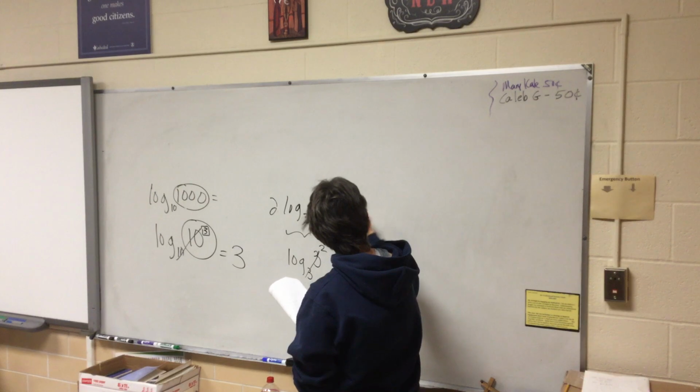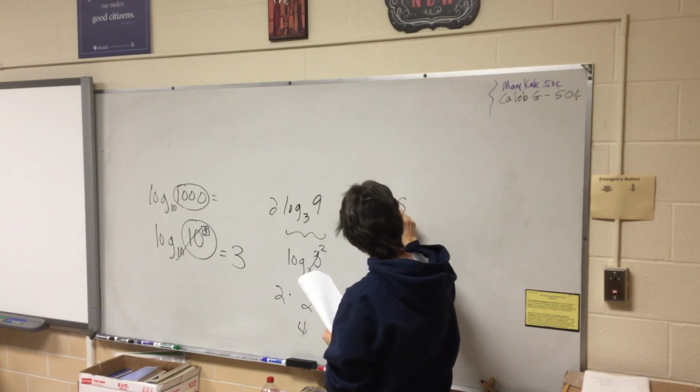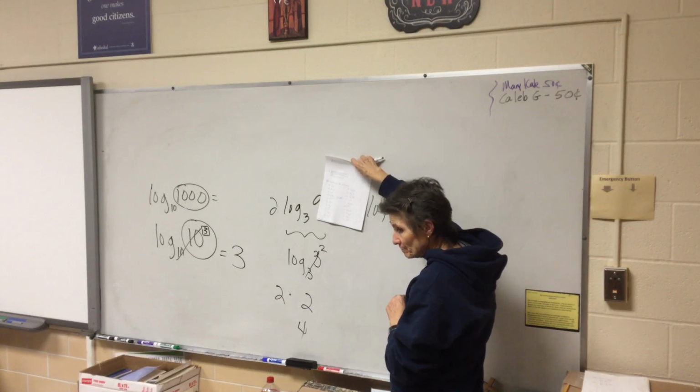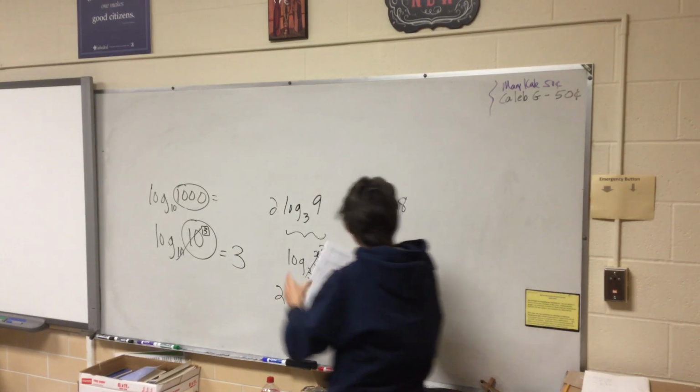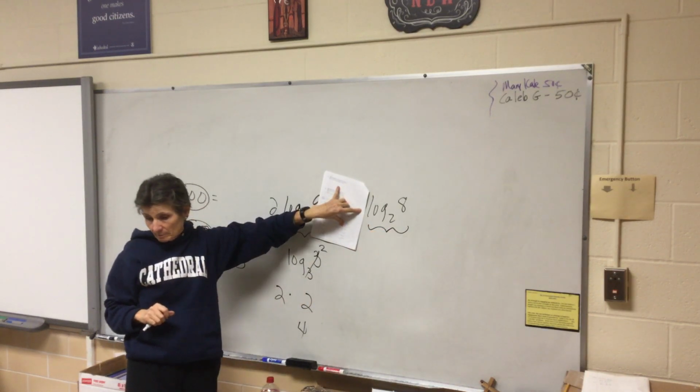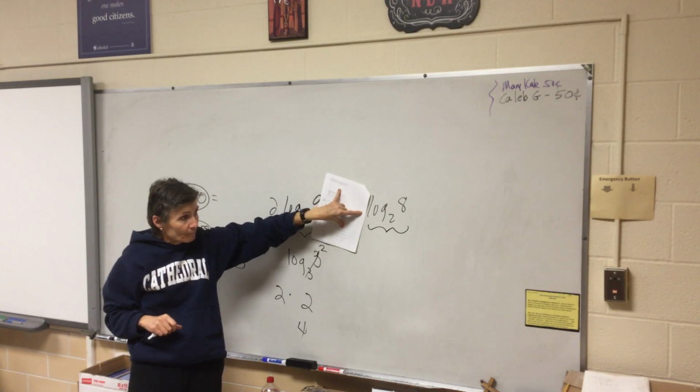S is exactly the same thing. It has this coefficient, so for a moment I'm going to wait on that, and I'm going to figure out this part right here. What's that part? 2 cubed.